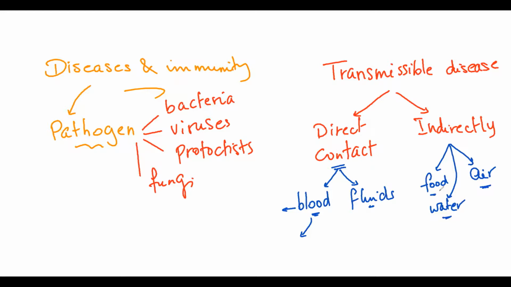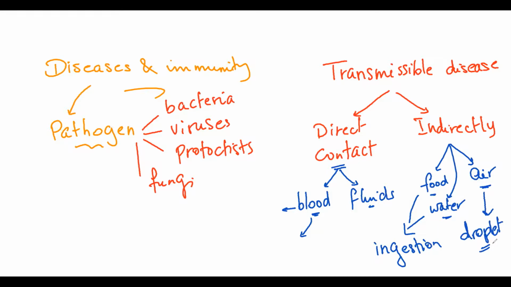certain substances and these substances are taken inside our body. Food and water, of course, if they are contaminated with a pathogen, can enter through ingestion, by eating or drinking. Air is inhaled. That's why we say droplet infection.